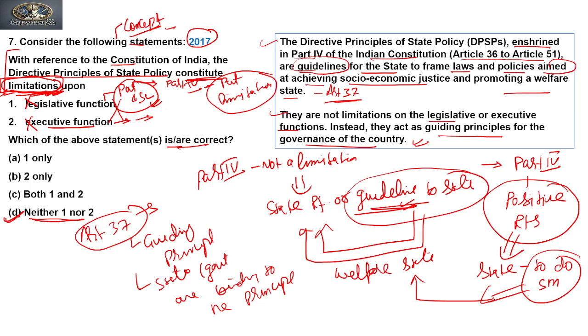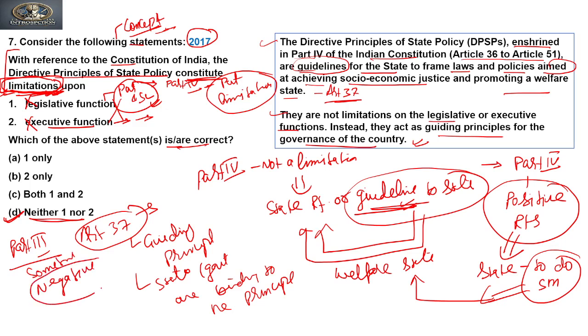So if you have been very clear in your concept about the directive principles, that these are positive rights, not negative rights. Now as we know, Part Third of the Constitution is sometimes known as a negative right. Why is it a negative right?